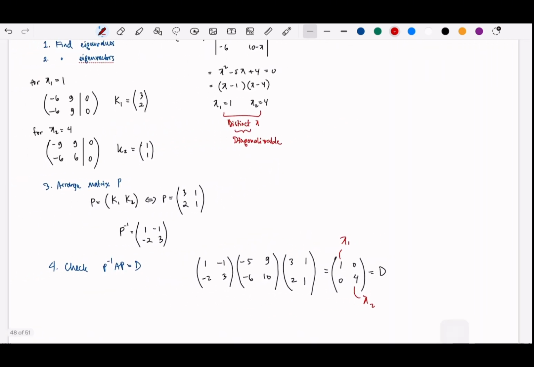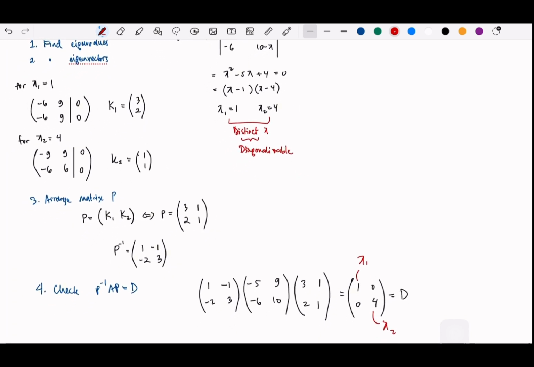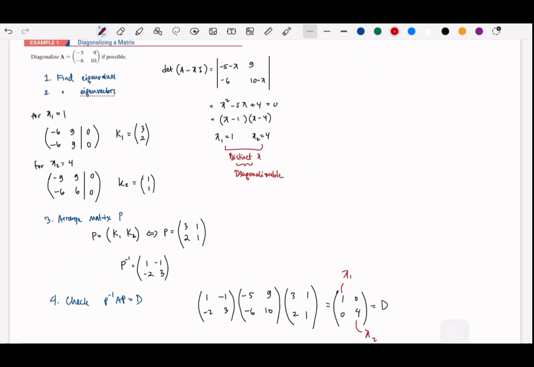Okay, so this will be diagonalization. Maybe let me give you notes here on the right side.